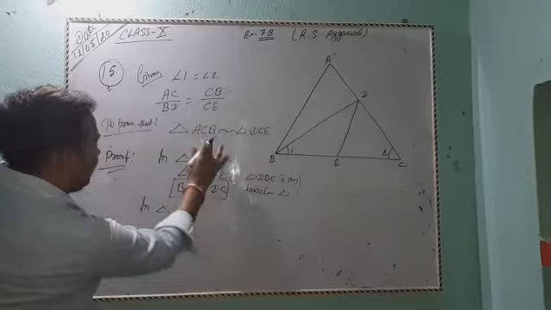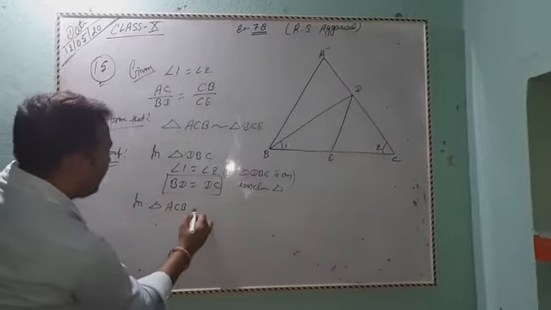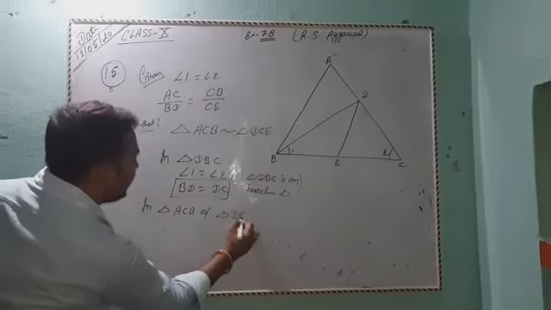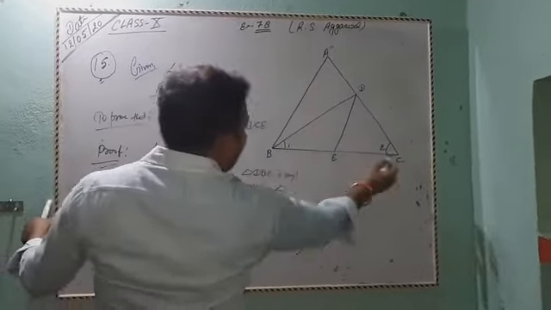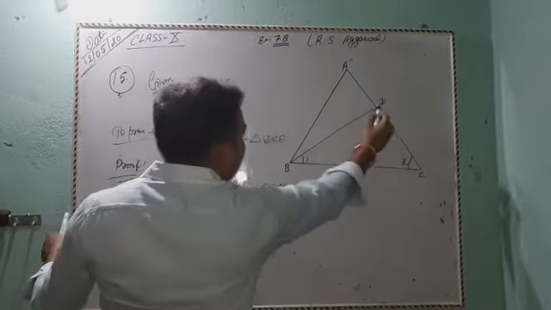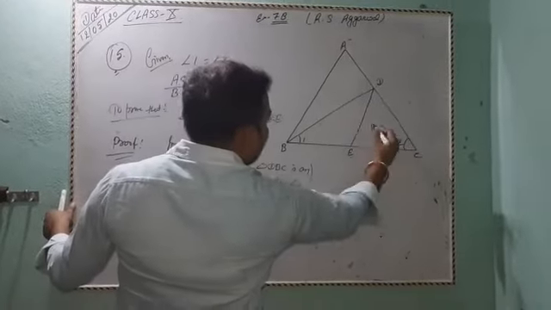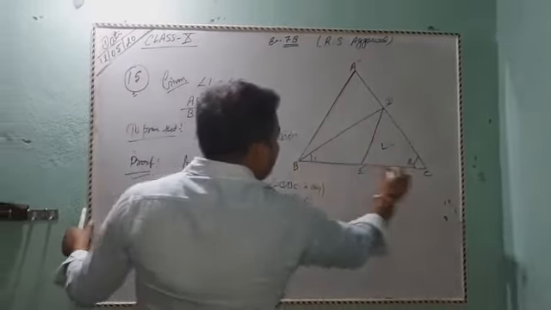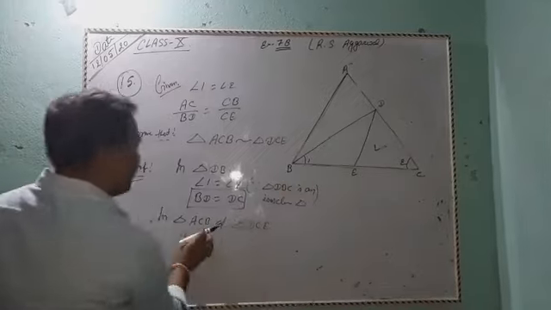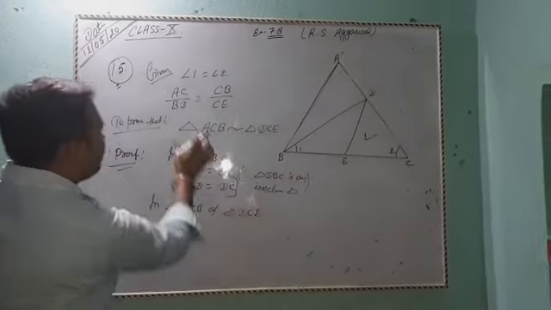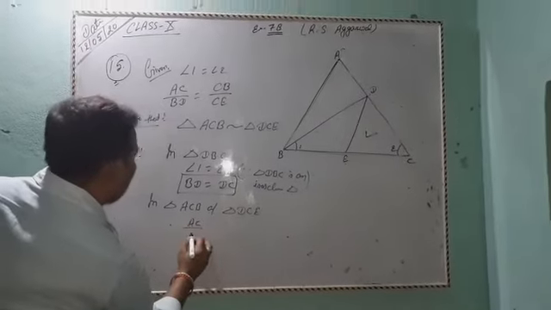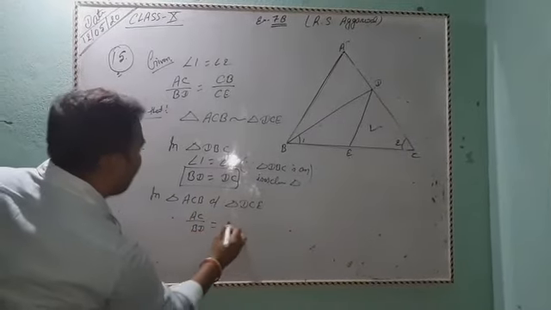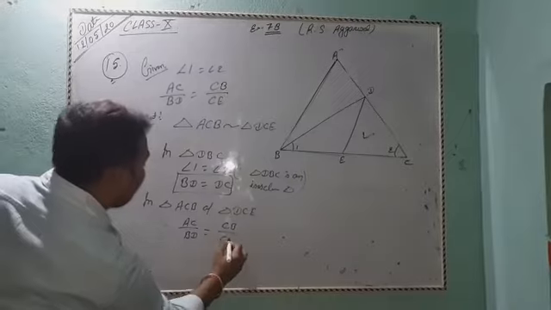Okay. Now in triangle ACB and triangle DCE, this triangle and the big triangle. Given that AC by BD equal to CB by CE.